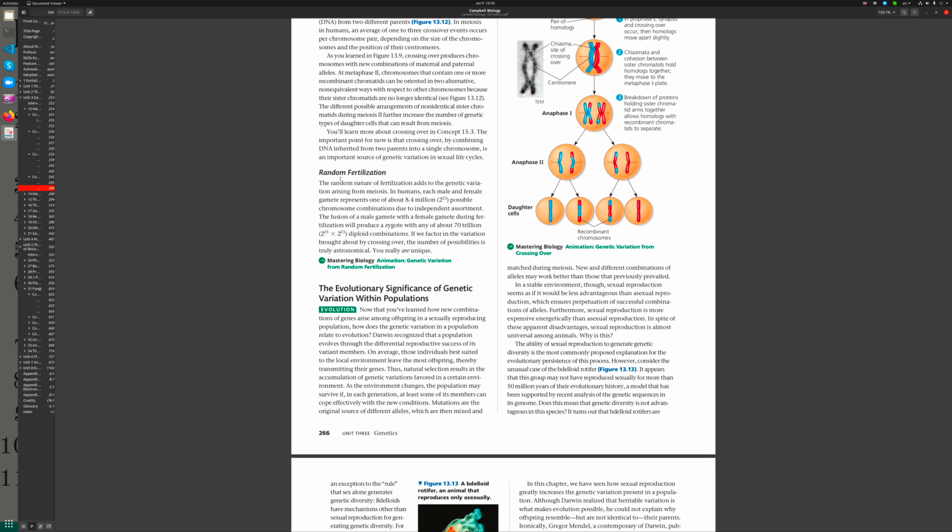The fusion of a male gamete with a female gamete during fertilization will produce a zygote with any of about 70 trillion, 2 to the 23rd times another 2 to the 23rd, diploid combinations. If we factor in the variation brought about by crossing over, the number of possibilities is truly astronomical. You really are unique.